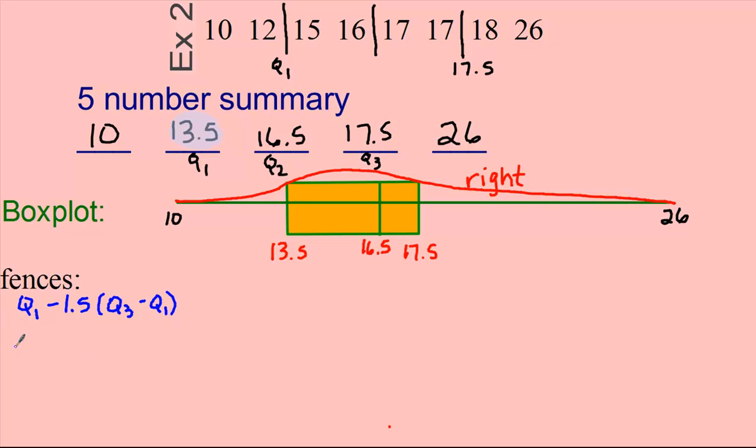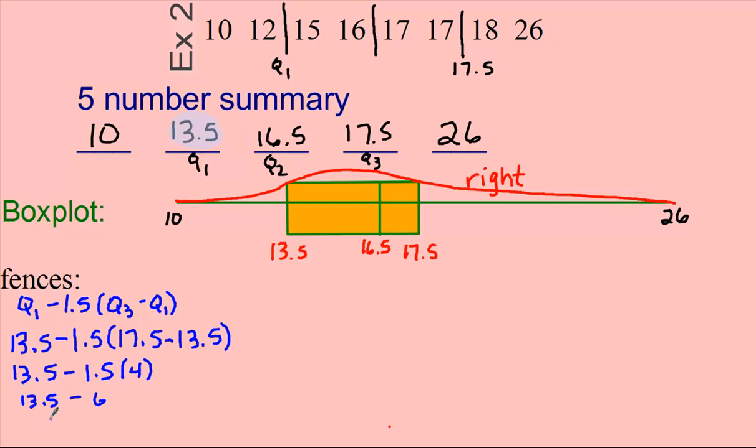So I would plug in 13.5 minus 1.5 times Q3 minus Q1, or 13.5 minus 1.5 times 4, or 13.5 minus 6, for a lower fence of 7.5. I put that with a parenthesis, and I can see my data set does not go below 10, so I have no lower fence outliers.